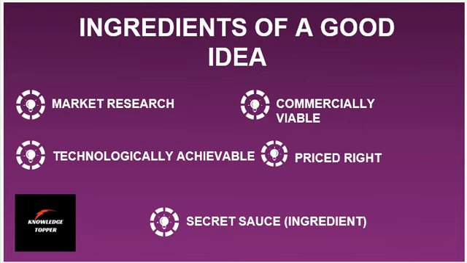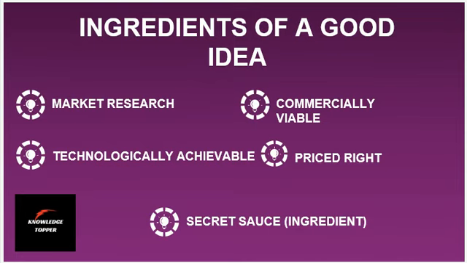The third step is that your idea must be technologically achievable. You have to look at whether there is a technology available that supports your idea in making it a reality.